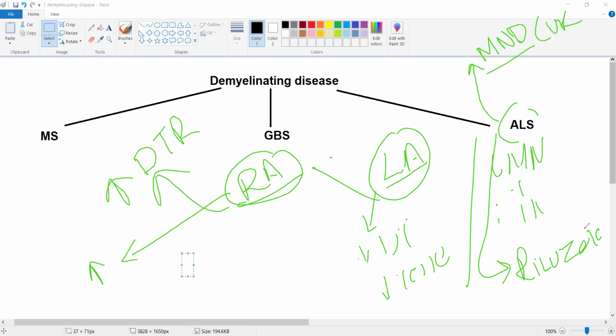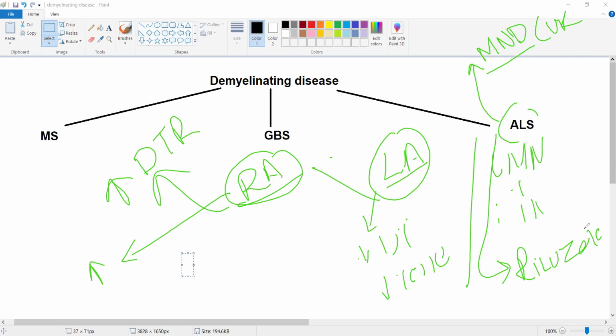On investigation, you may find changes on EMG and nerve conduction studies, some sort of denervation, right? And CT or MRI is also useful to exclude other pathologies. Okay, so this is some review.